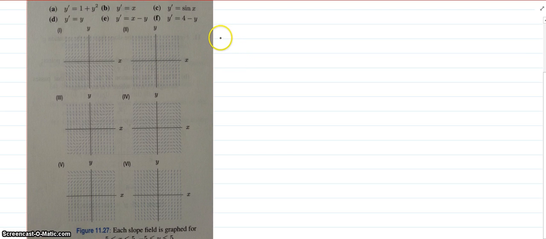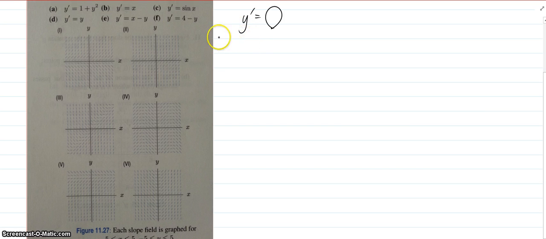So one way to match the equations and slope fields is plugging in some values for x or y and get the y derivative, and the value of y derivative will be indicated as these little lines. So these little lines are the slope at that point. But substituting any values takes so long, so let's be a little smarter.